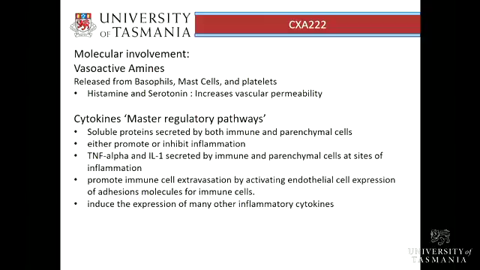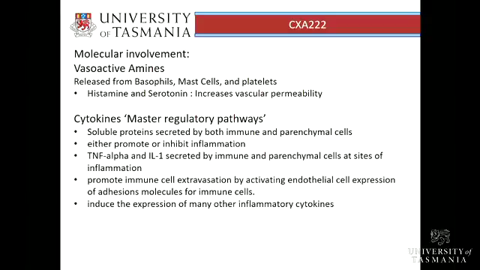I don't expect you guys really to remember these. I more put them in because they're going to come up time and time again as we talk about cellular destruction. So we've got our vascular amines, so this is our histamines and serotonins, and basically these trigger vascular permeability and dilation.